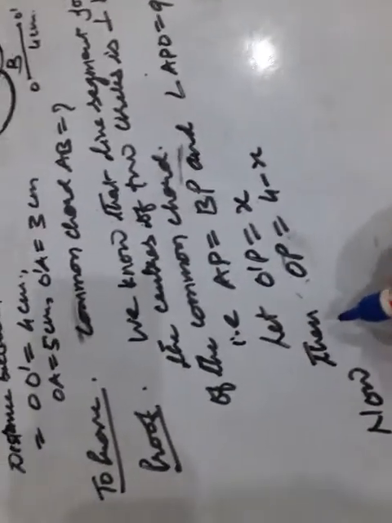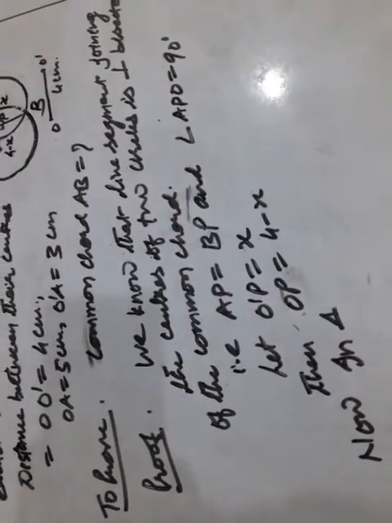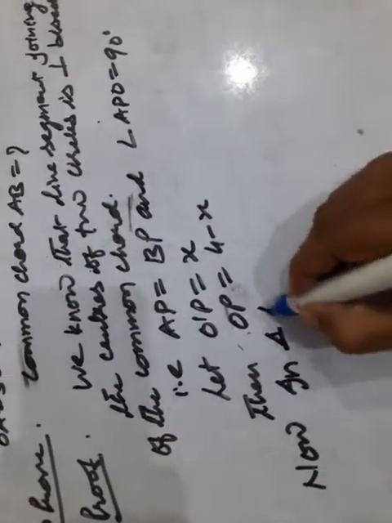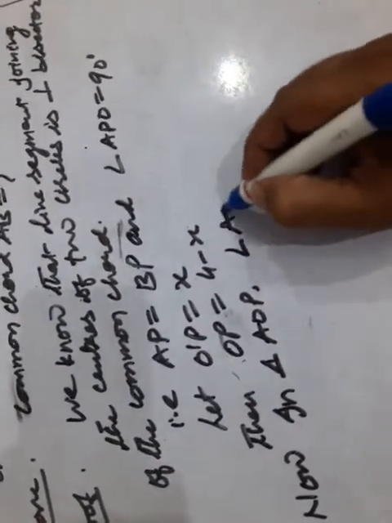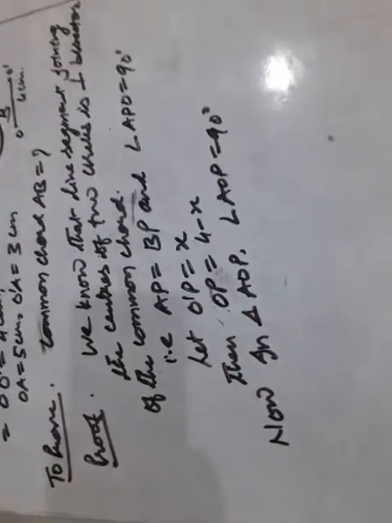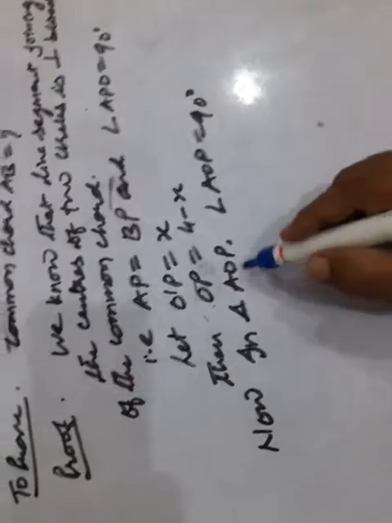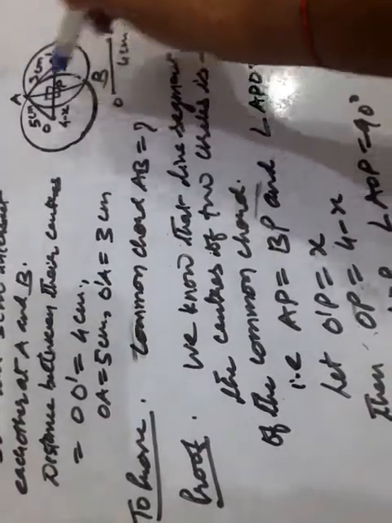Now, in triangle AOP, angle AOP equal to 90 degree, that is, in right angle triangle AOP. Ultimately we have to find the distance AB.